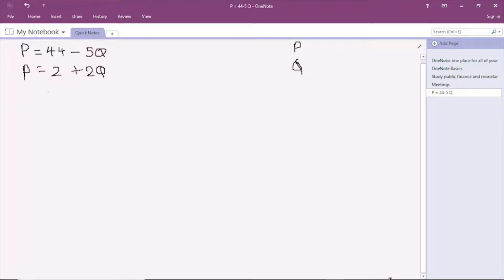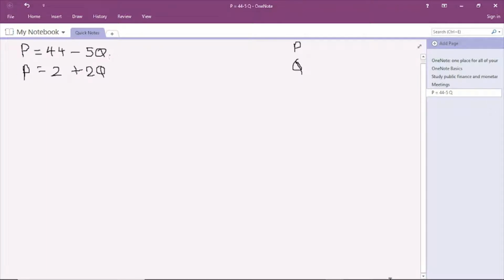If you want, you can get this supply equation and then substitute in P. Whichever. So what I'm going to do, I'm going to get the demand equation, and then I'm going to put it where there is P in the supply equation.